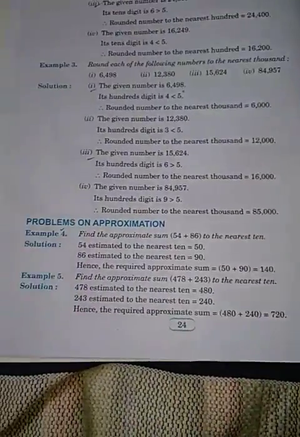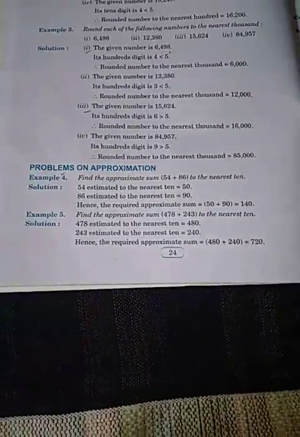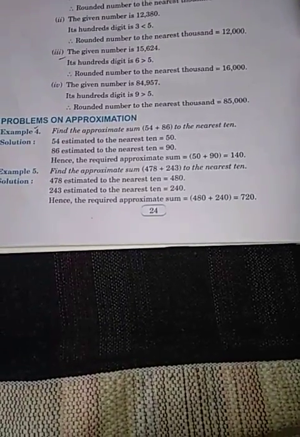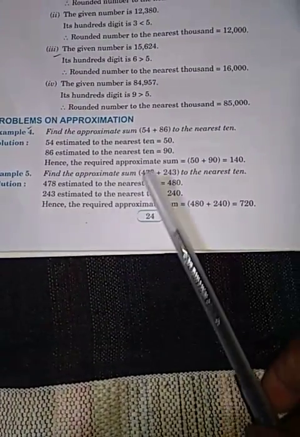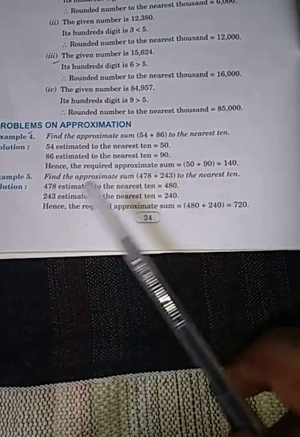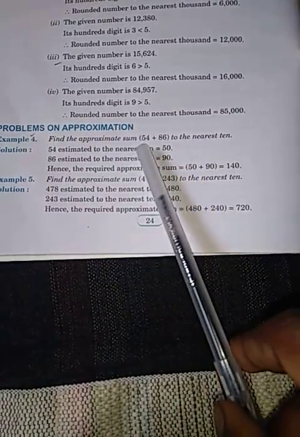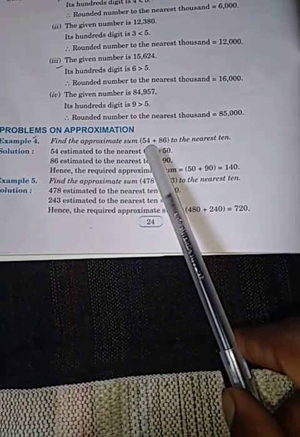Now, problems on approximation. Find the approximate sum to the nearest 10. 54 is estimated to the nearest 10 as 50, since its unit place digit is 4, which is less than 5.